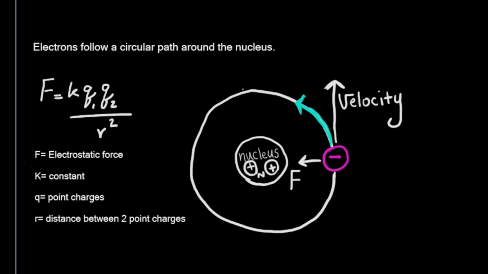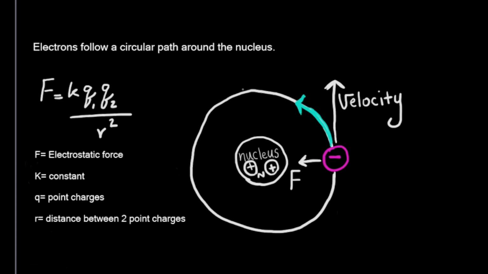The first reason why electrons do not fall into the nucleus is because electrons follow a circular path around the nucleus. The electromagnetic force, which is the force that happens due to the interaction between electric charges and the magnetic field, has the following formula. F is equal to K, which is a constant, times Q1 times Q2 divided by R squared.